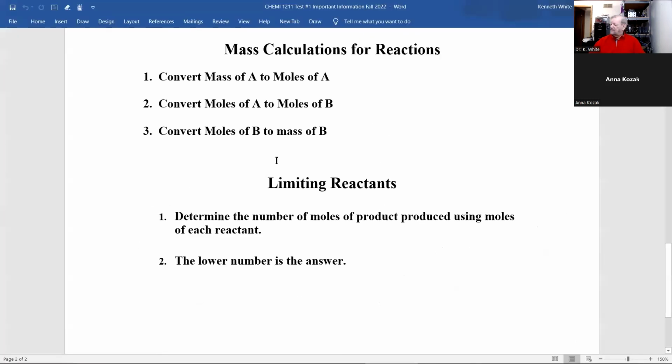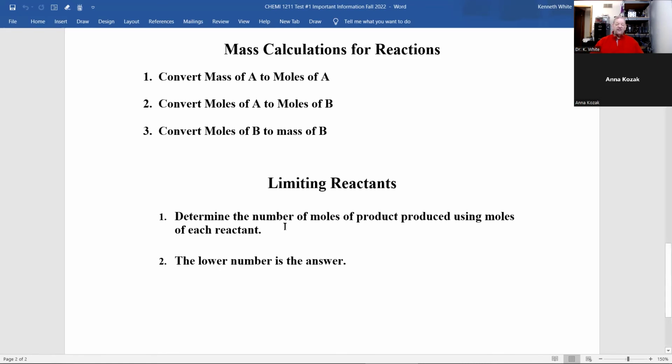If you look at important information, test number 1 says limiting reactants. And here, determine the number of moles of product produced using moles of each reactant. And the lower number is the answer.